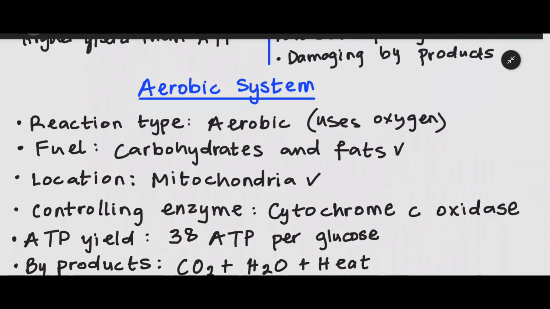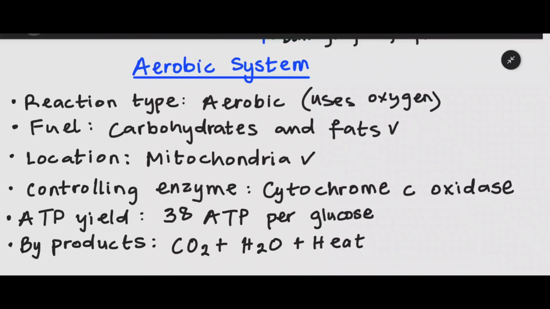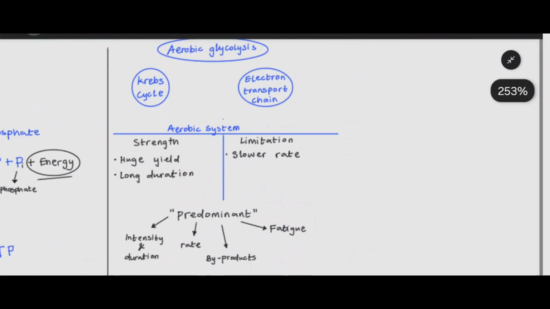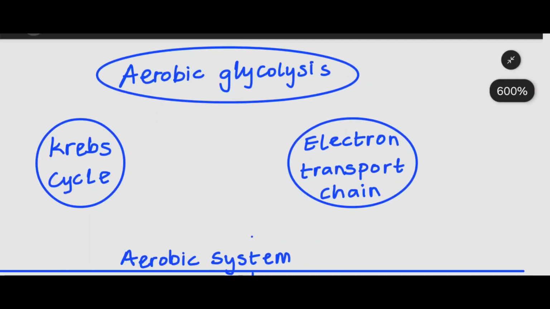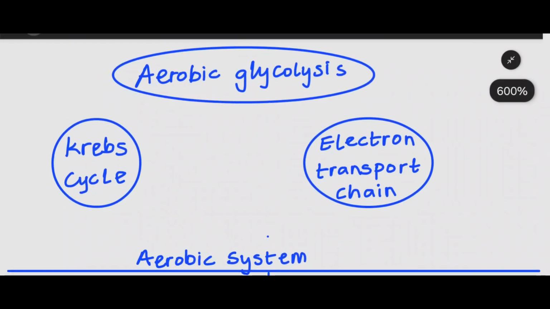Okay, so the aerobic system happens in three main stages. We have aerobic glycolysis, and then we have the Krebs cycle, and we also have the electron transport chain.